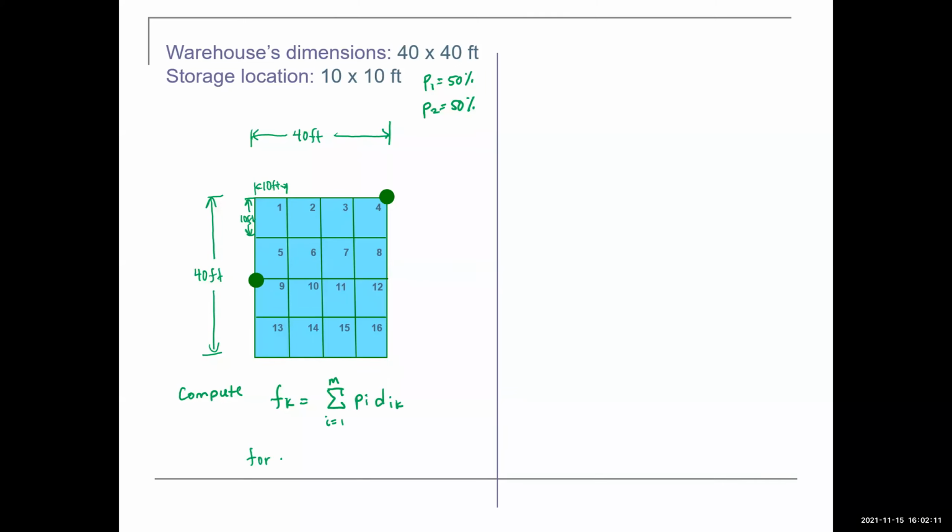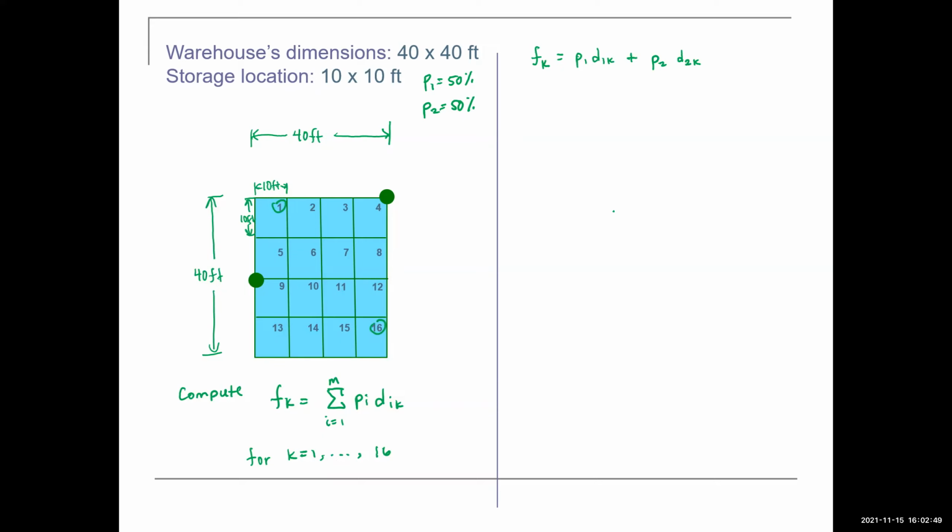So this is for k equals 1 up to, in this case, we have 16. Right? We go from 1 to 16. So if we expand this for this particular problem, Fk is going to be equal to P1 times D1k plus P2 times D2k.